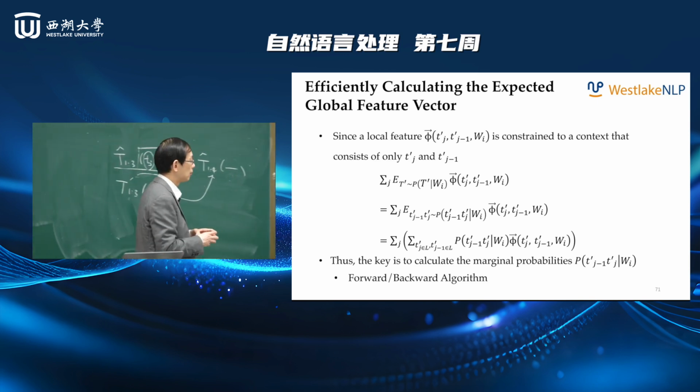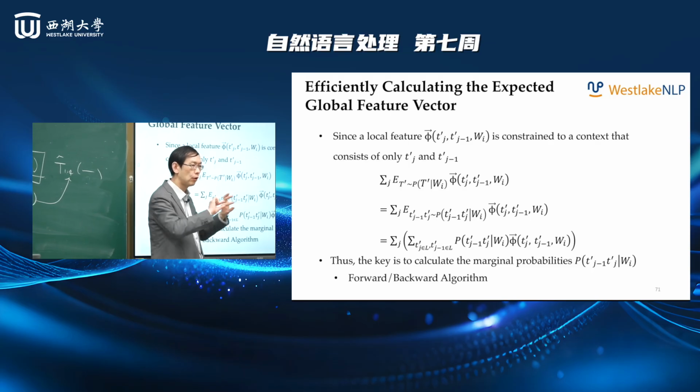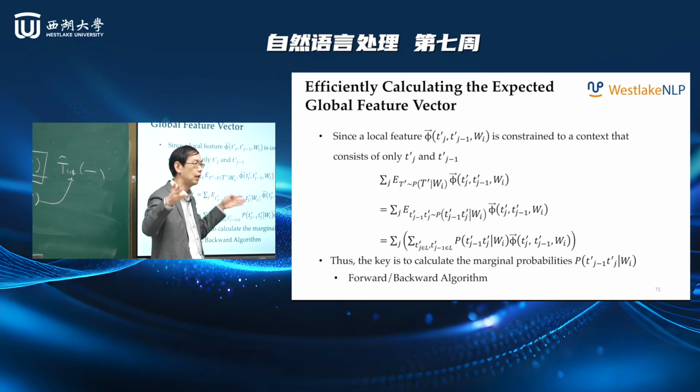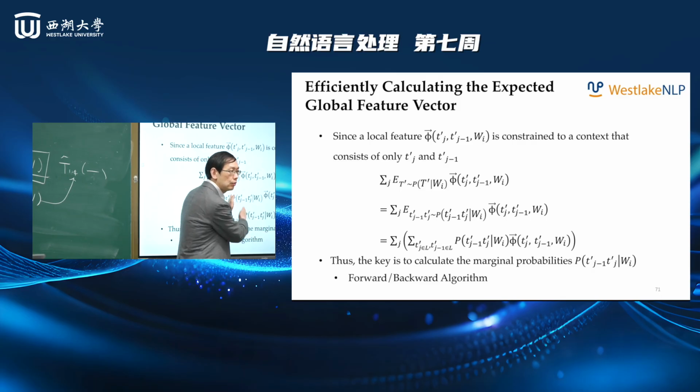So your model calculates the global sequence probability, and you're asking for a local tag probability. What is this? This is called marginalization, right? You know the joint event of all tags. Now you're calculating the tag bigram probability. So you need to enumerate all possible locations elsewhere, and sum up the tag sequence probabilities.